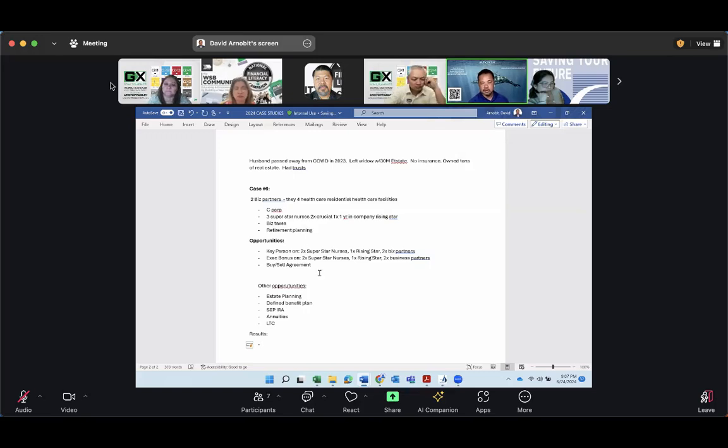The results were one buy-sell and one exec bonus per owner. They ended up doing three exec bonus for the three caregivers, just different increments. They did two key person plans on the owners.